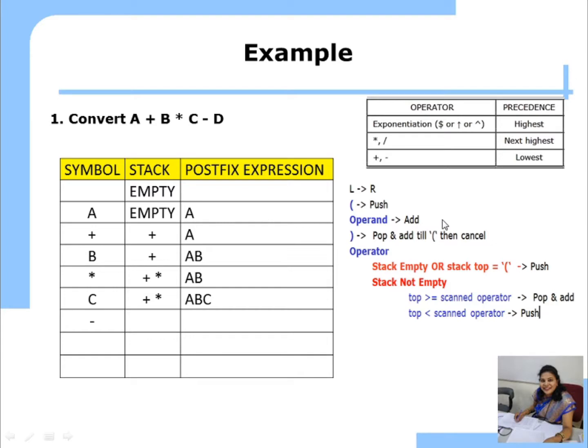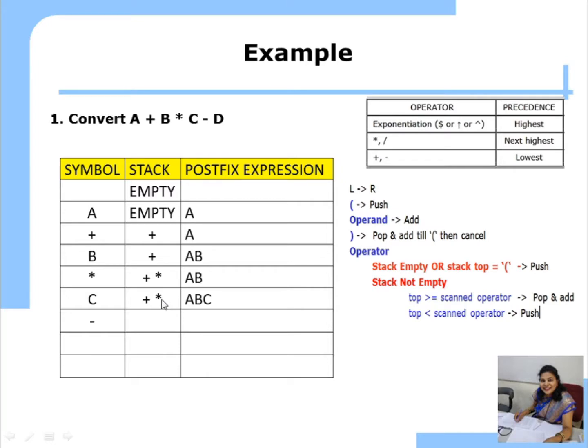So go to the operator rules. Is your stack empty? No. So if your stack is not empty, you have to check the stack top. Is the top greater, equal, or lesser? What operator is present at the top? It is multiplication. What is your scan operator? It is minus.